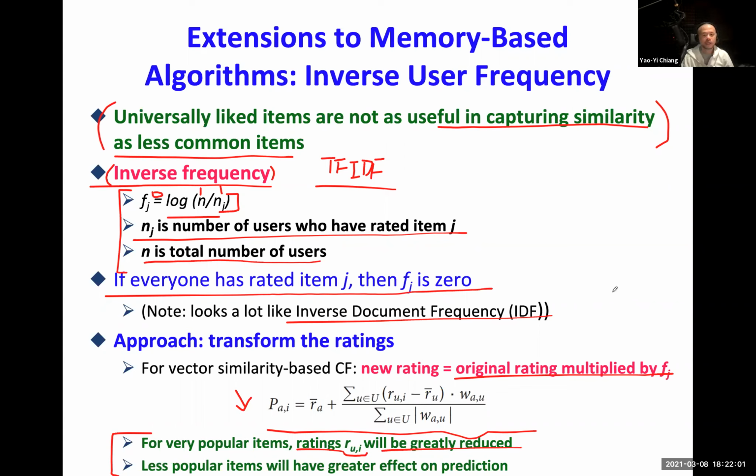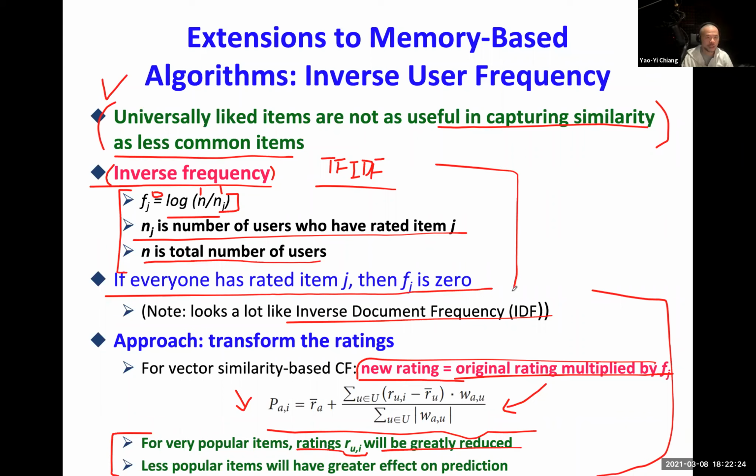Okay, so how you would apply this is not very important. The way they apply this is to generate a new rating and use that for a prediction. But the takeaway here is this is really cool, right? You know that universally liked items are not as useful, and you do have a way to capture universally liked items.